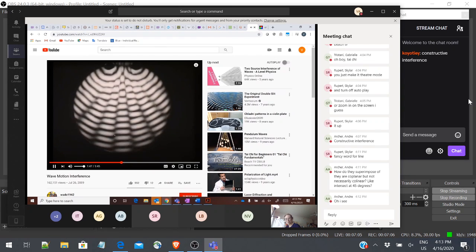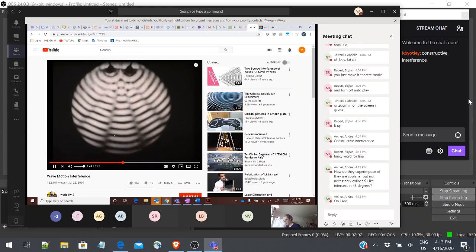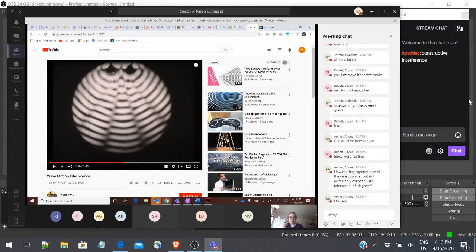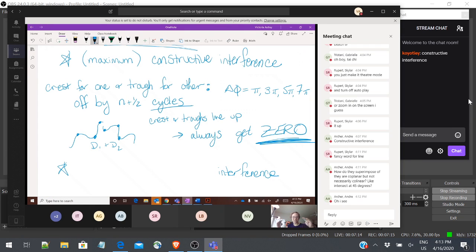No light spots ever go past that point, right? No crests, no troughs. It's just 0 all the time. So it's always either crest and trough arriving, 2 zeros arriving, a trough and a crest arriving, 2 zeros arriving, a crest and a trough arriving, 2 zeros arriving. You just always get 0.